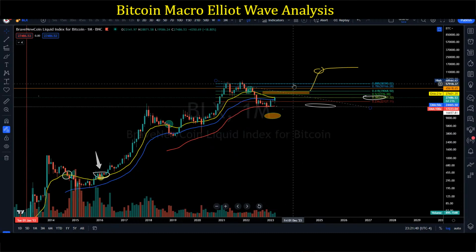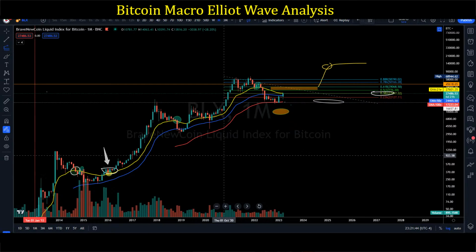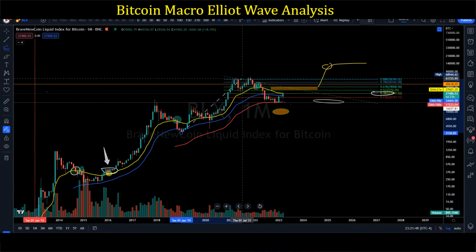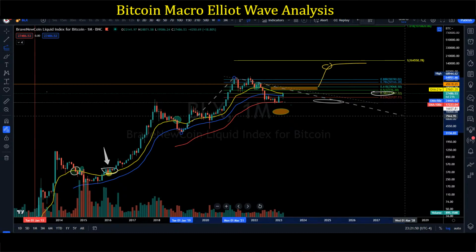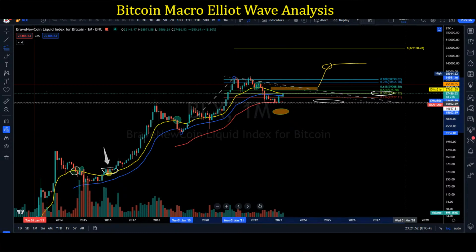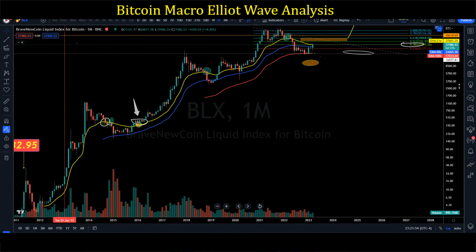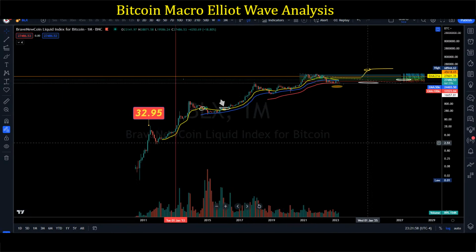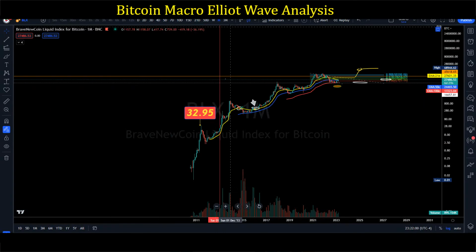So the 180 top is nothing but an extension of our first wave.